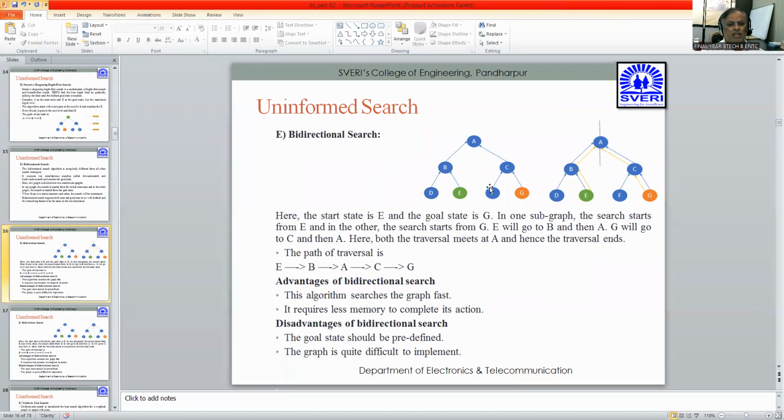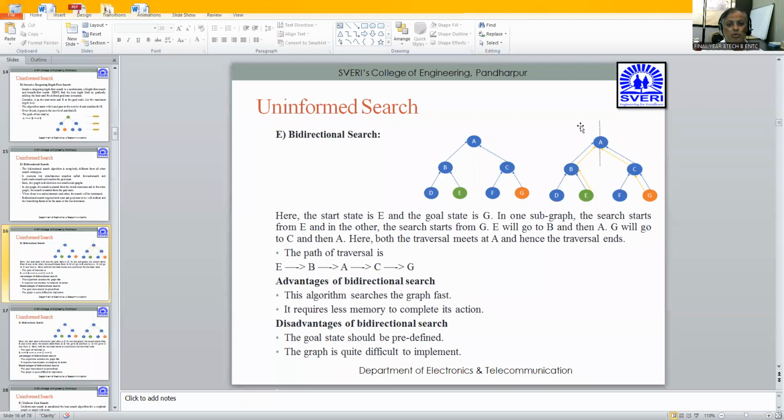So in the first graph, the search will start from E, it will go to B, then it will go to A. Now from the other subgraph, instead of starting from E, it will start from G. So from G it will go to C and it will reach A. Now both the graphs will reach A and hence it terminates.